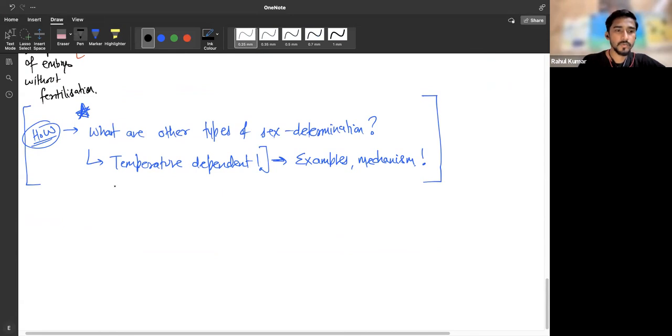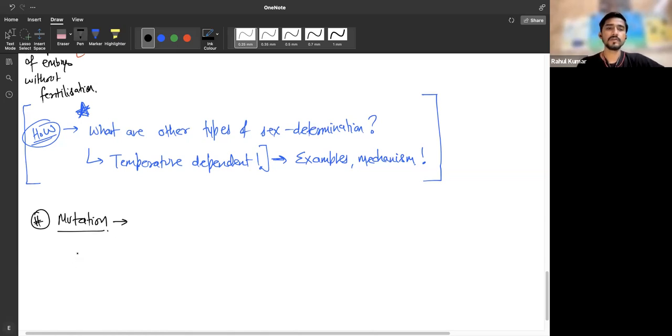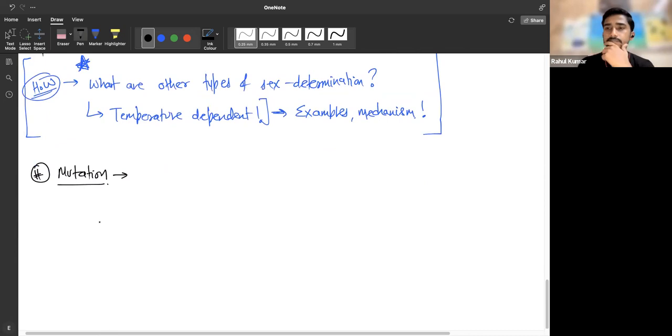Now, let's go to one more concept. It is an important concept, which is known as mutation. You know what is mutation, people? You have studied mutation in your junior classes, or at least the definition of it. What is mutation?